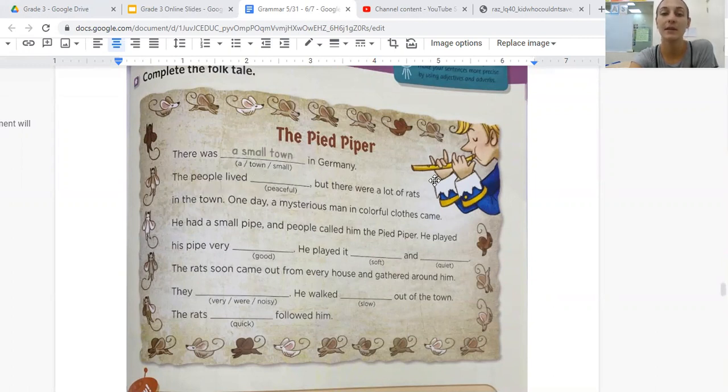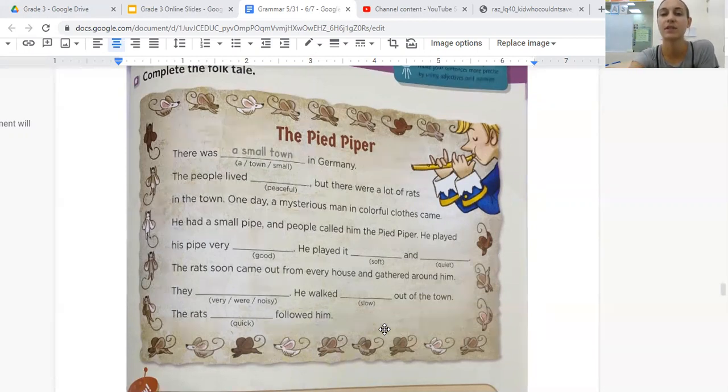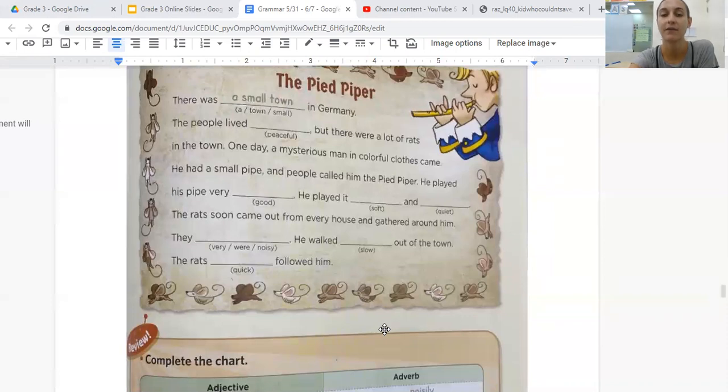But there are lots of rats in the town. Okay? So some of them you'll need to change into adverbs, and some are just adjectives, and you need to put them in the right order. Okay? Most of them you're just gonna turn into adverbs, add that ly.